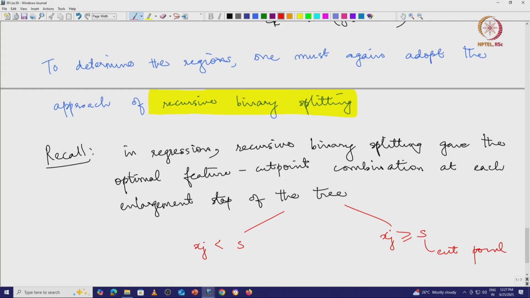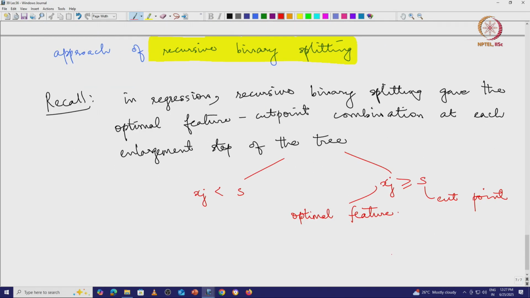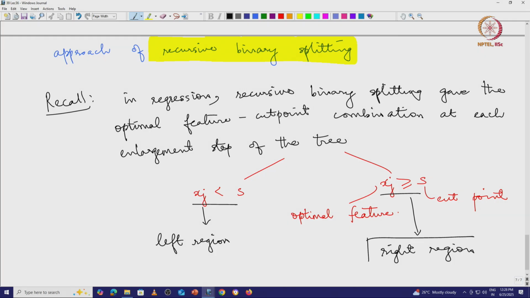So this was the cut point and xj was essentially the optimal feature, and this was determined by minimizing the sum of squared errors. So this we can say is the left region that originates after splitting the tree, and this is the right region. And I hope this refreshes your memory as to what exactly is happening when you are doing recursive binary splitting.